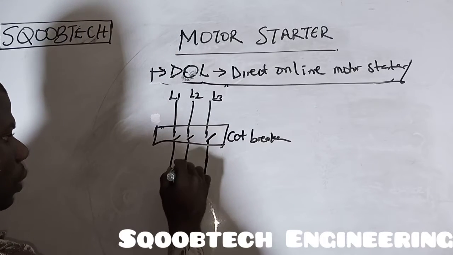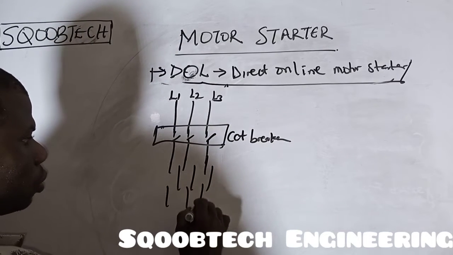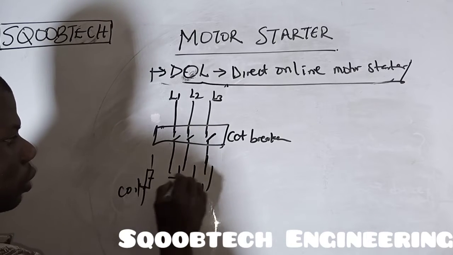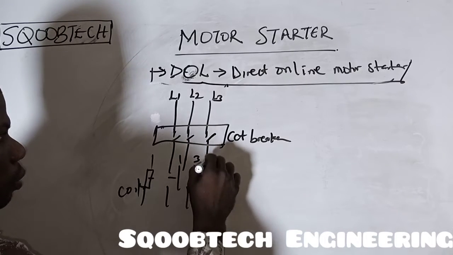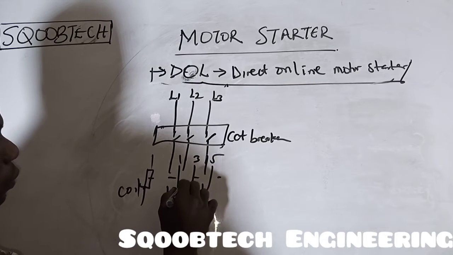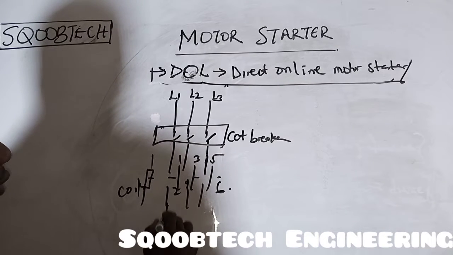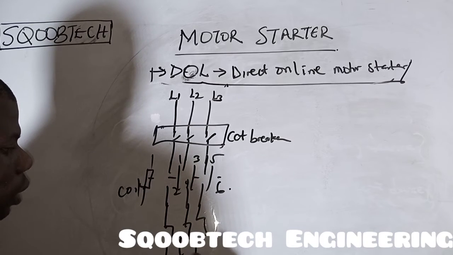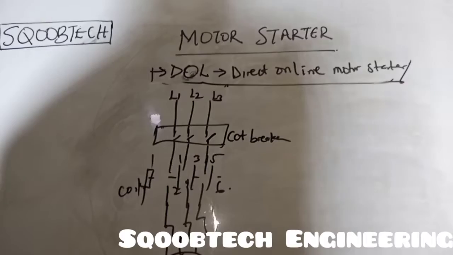From your circuit breaker, it comes to your contactor. This is the coil. This is the contact of the contactor, which is 1, 3, 5, and you have 2, 4, 6. Then from your contactor, it comes through the overload, then to the motor. That's the first thing we need to understand.